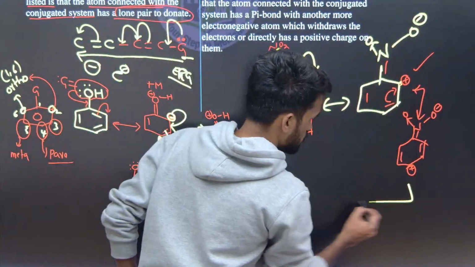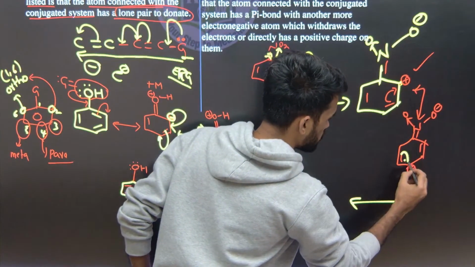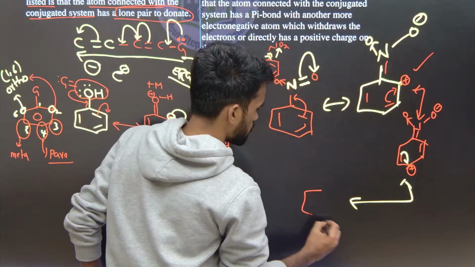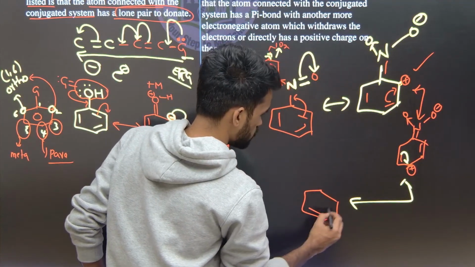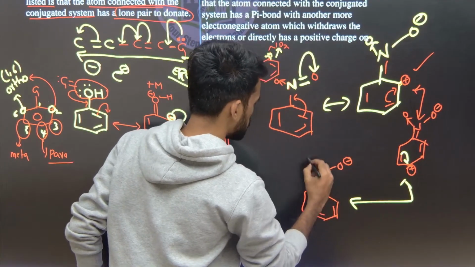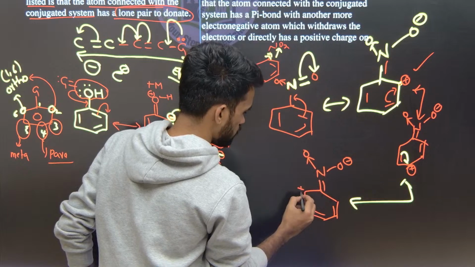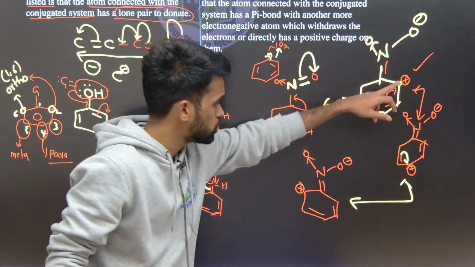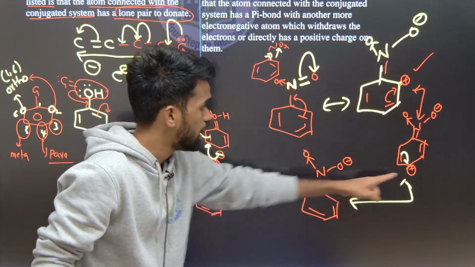And is there any other way here? Yes, see here you can write this shifting, making a positive charge over here. Like this. So what are the positions where you are seeing positive charges? Ortho positions and a para position.